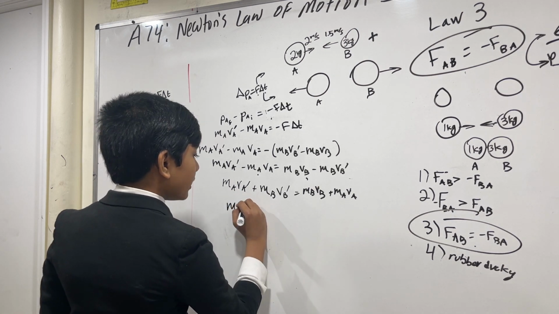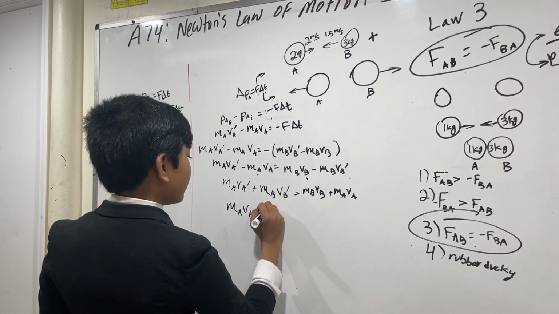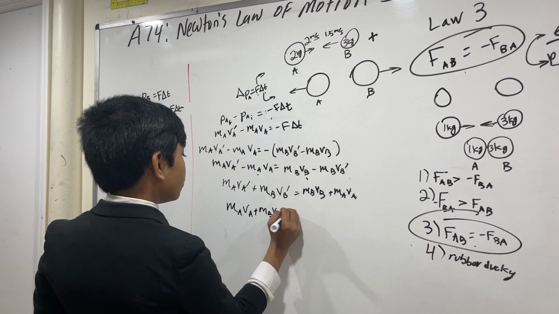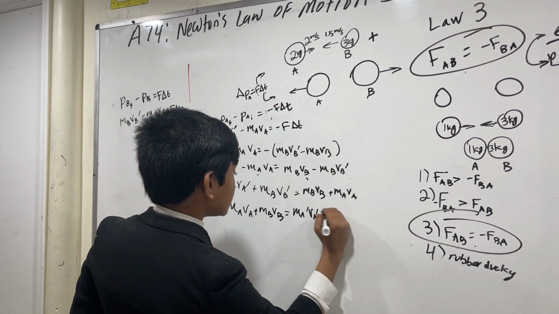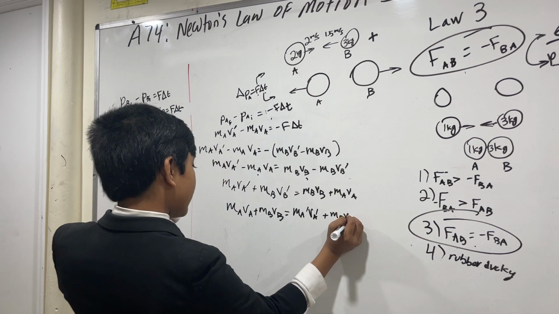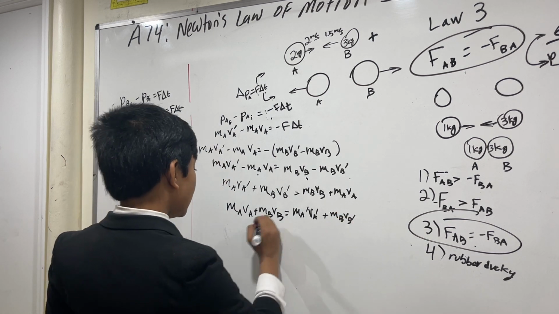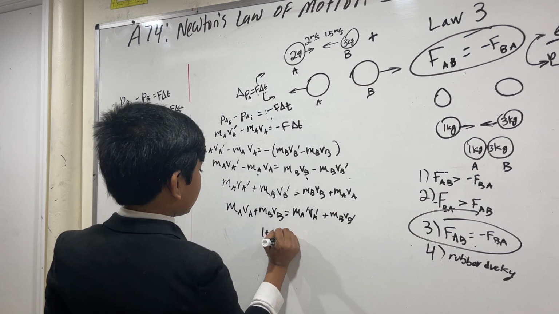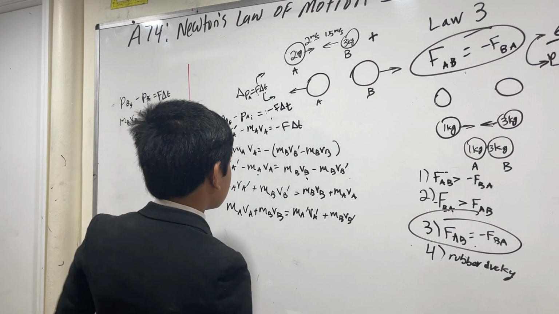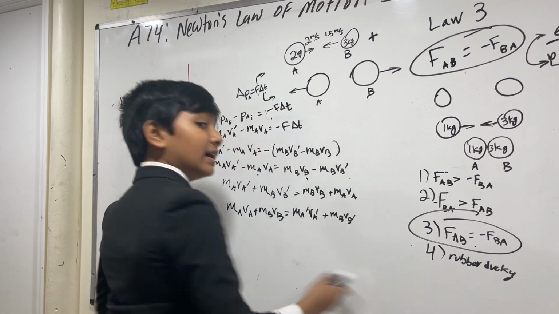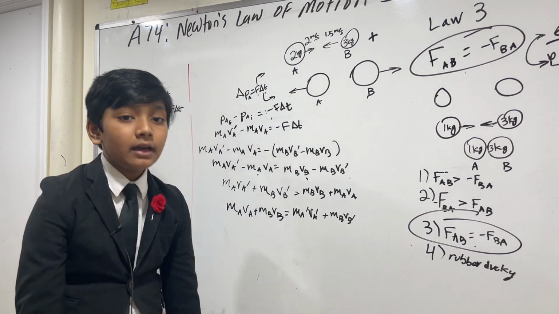So we've got MAVA plus MBVB is equal to MAVA prime plus MBVB prime. And don't worry that I've switched the left hand and right hand sides. That's like saying 1 plus 1 is equal to 2 and 2 is equal to 1 plus 1. So now that is the equation that we're going to use.